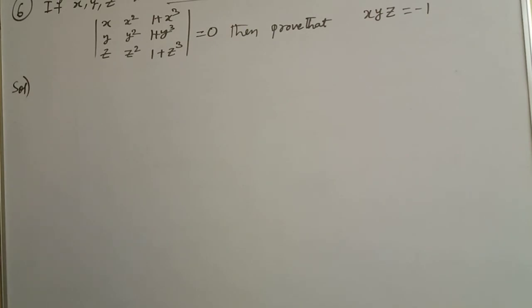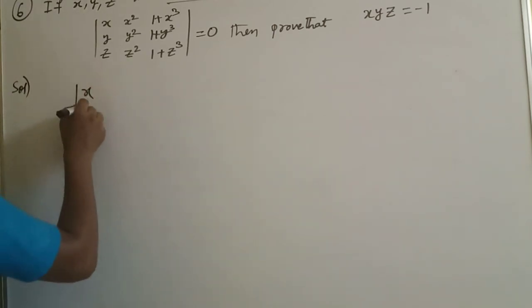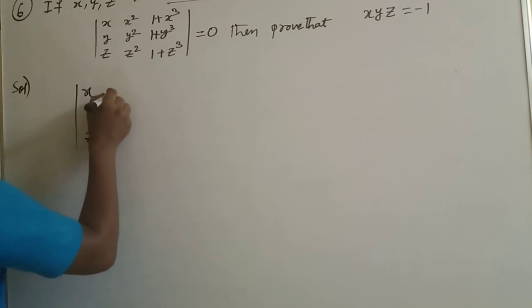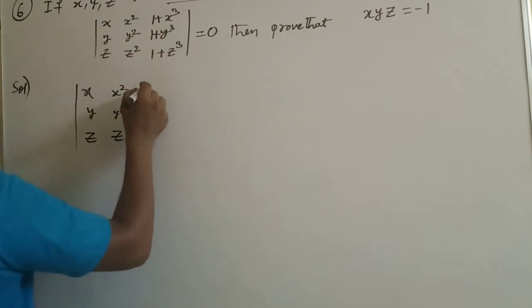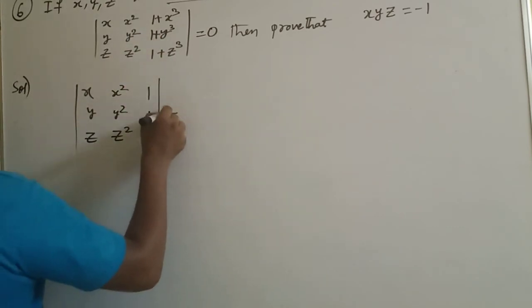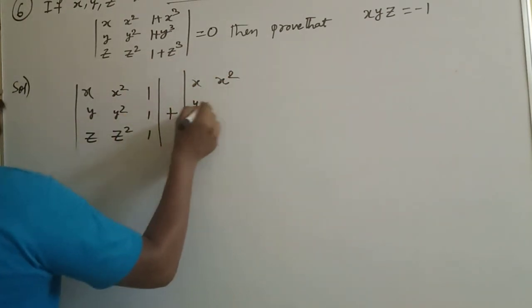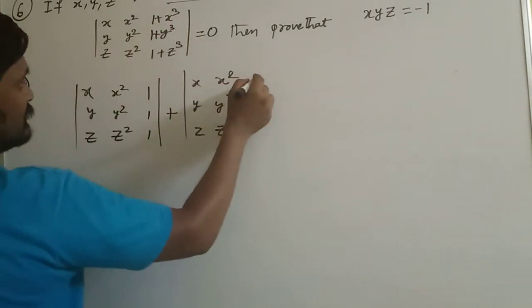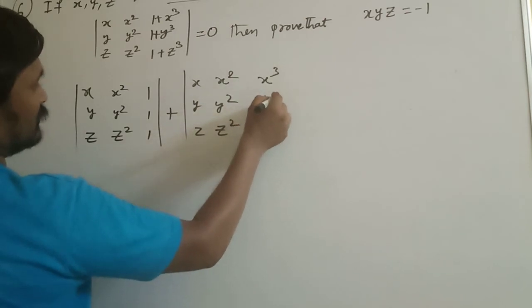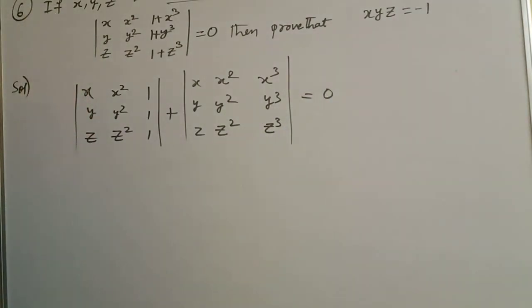According to your fifth property, we can write X, Y, Z, X square, Y square, Z square, and here only 1, 1, 1, plus again a separate determinant, X square, Y square, Z square, as it is, and the one with X cube, Y cube, Z cube, and this is equal to 0 as given.